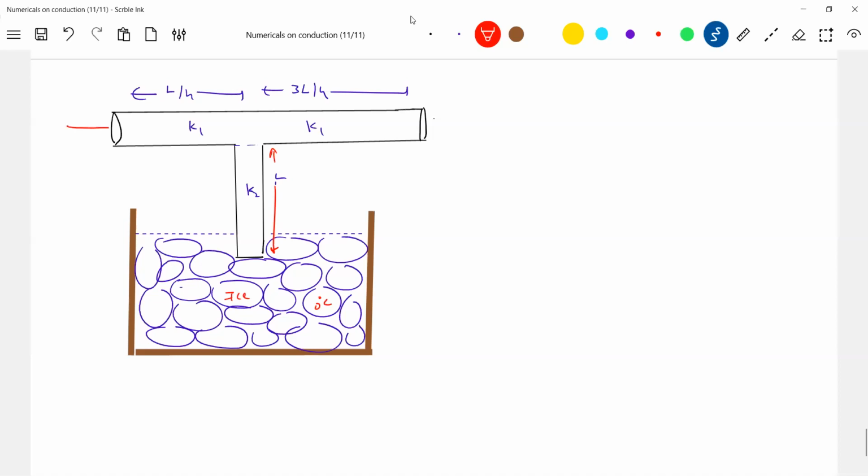Here I'll supply 40 joules of thermal power. And this end is maintained at 40 degrees Celsius, and this will remain constant.